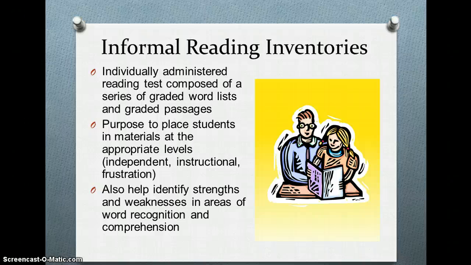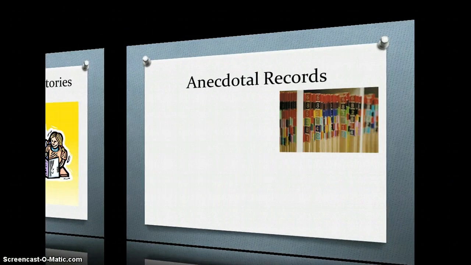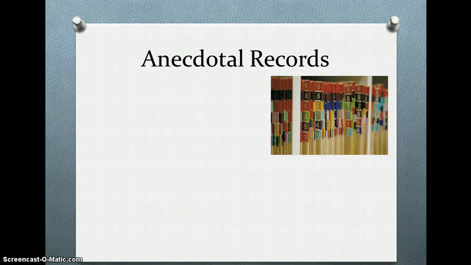So those are the two pieces really assessed with an informal reading inventory, although you could also look at vocabulary and see what tier of vocabulary words the student is missing. So those are very, very useful, and they are one of the best structured assessments you can give, which is why we're going to be spending many weeks on how to give the QRI and informal reading inventories in general.